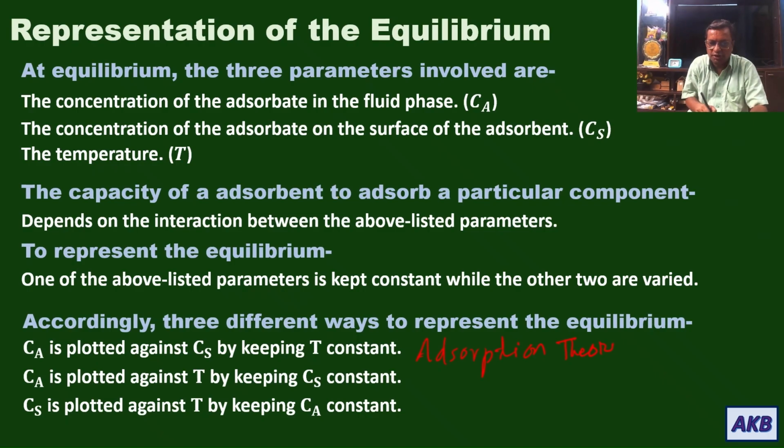That's the adsorption isotherm. When Ca is plotted against Cs by keeping T constant, what you get is the adsorption isotherm. And we are talking about adsorption isotherm in this particular video.